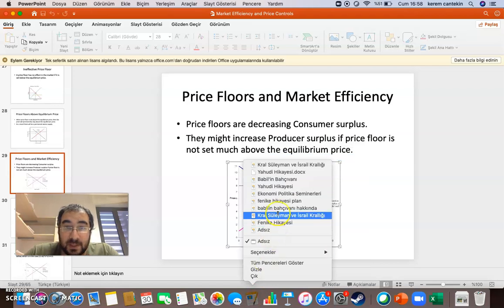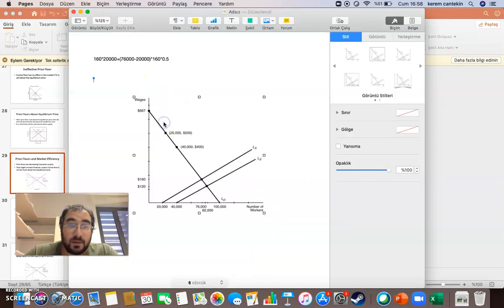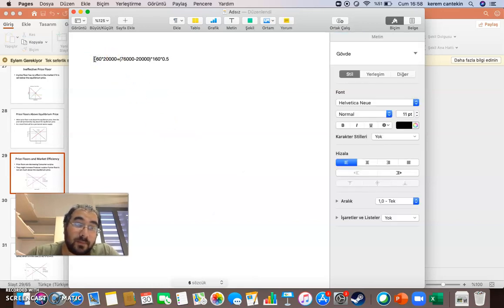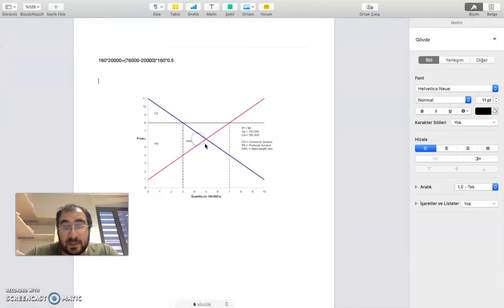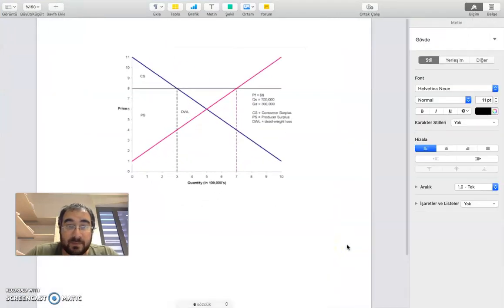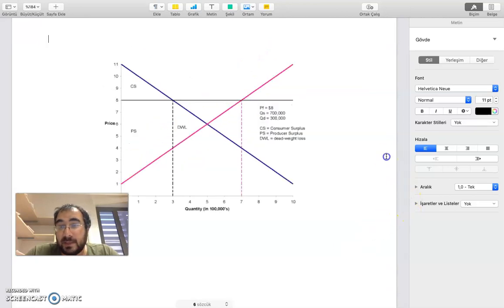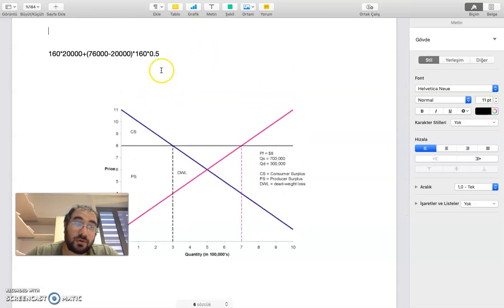Let me take this. Okay, so let's start with this graph. What does this graph tell us? Well, we have a regular demand and supply and consumer and producer surplus.